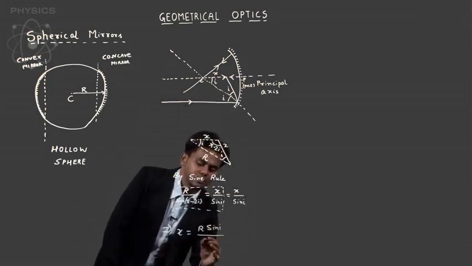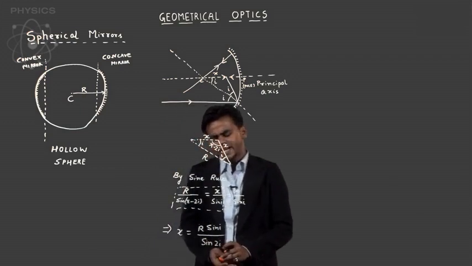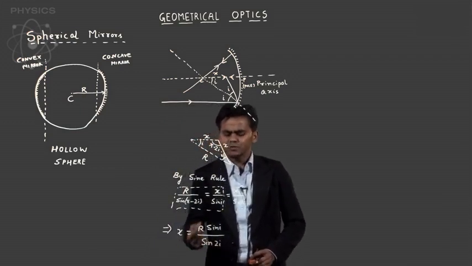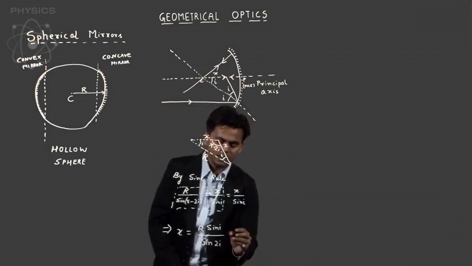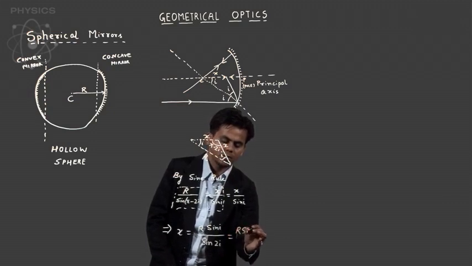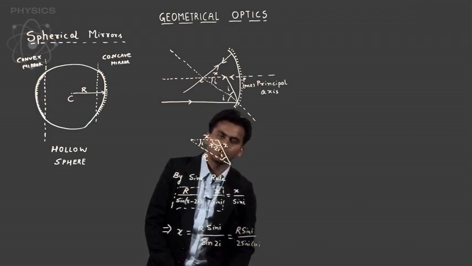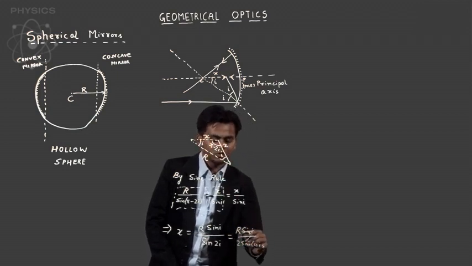So this becomes sine of 2i. I know that sine 2i can be written as twice of sine I into cos I. Just write that thing. This is R sine I upon 2 sine I into cos I. The sine I goes away.